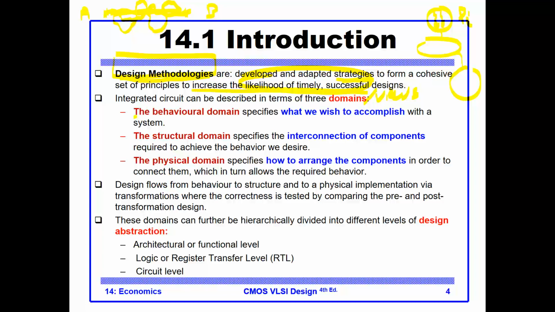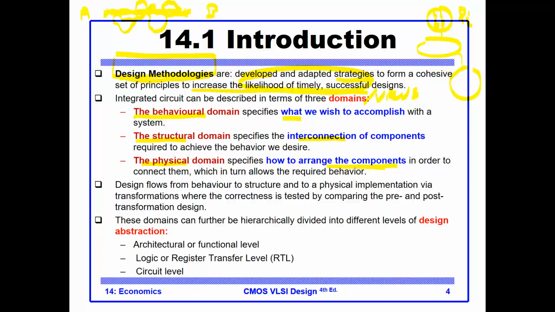So you have the behavioral view or domain, which talks about what the design does, what it is intended to accomplish. Then you have the structural view, which talks about the interconnects of the components. And you have the physical view, which talks about the arrangement of the components and the physical components.